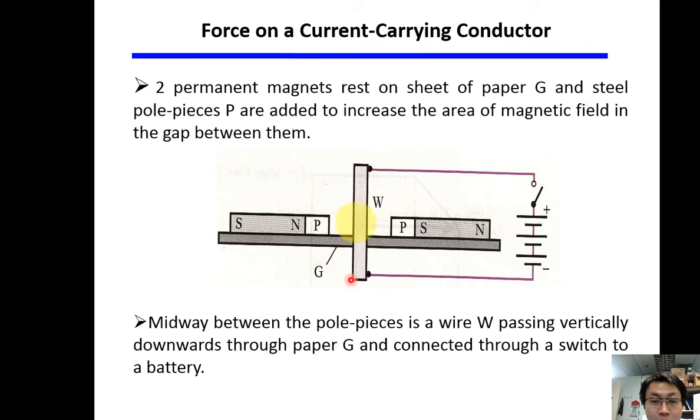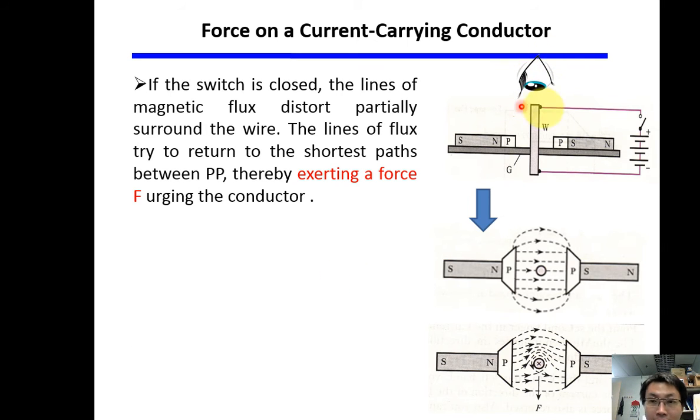And then this wire will cut through the paper. Midway between the pole pieces is a wire W, passing vertically downwards through the paper G and connected through a switch to a battery. Now if my eyes look from the top to the bottom, we will see this one.